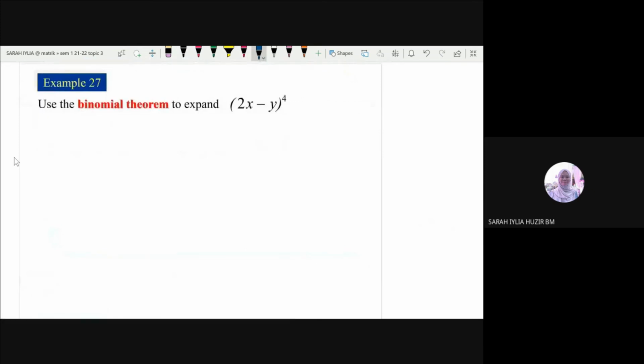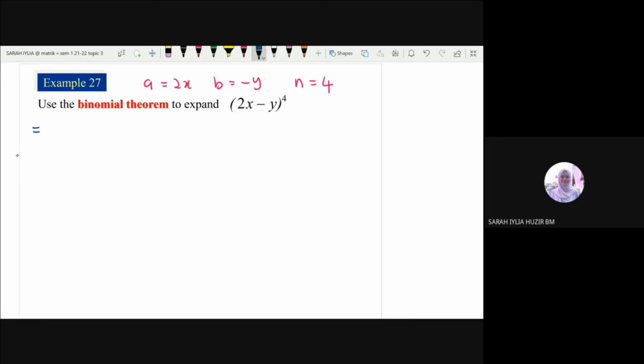Okay. Term kita lain sikit. So now we have first term. Saya tulis sebagai A. First term tu 2x. Second term, careful here kita ada negatif tu. Minus, so kena ambil negatif. Minus y. And then our power n kita kat sini 4. So expand one by one using binomial theorem.